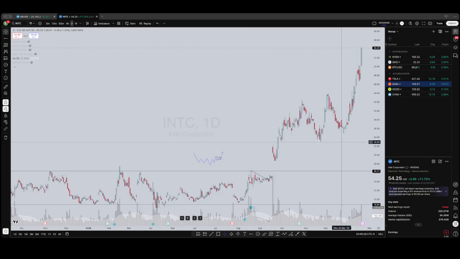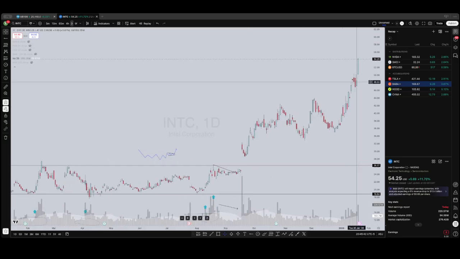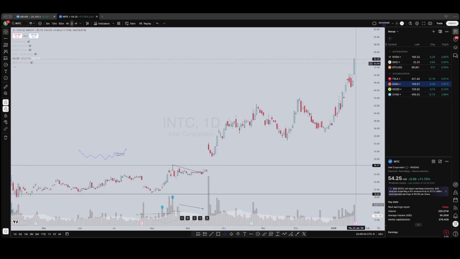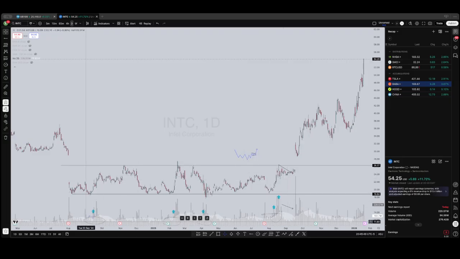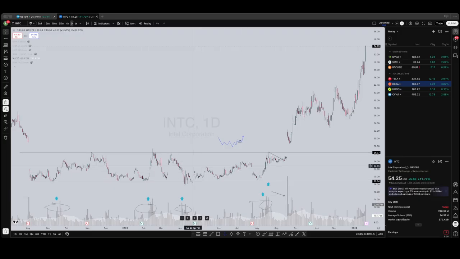and then fast forward to today, and this has ripped all the way up into 54, which is just insane. These drawings that I have here, I made them quite a long time ago. I mean, I've been all over this chart for quite some time. It hurts to know that I sold my commons on this.